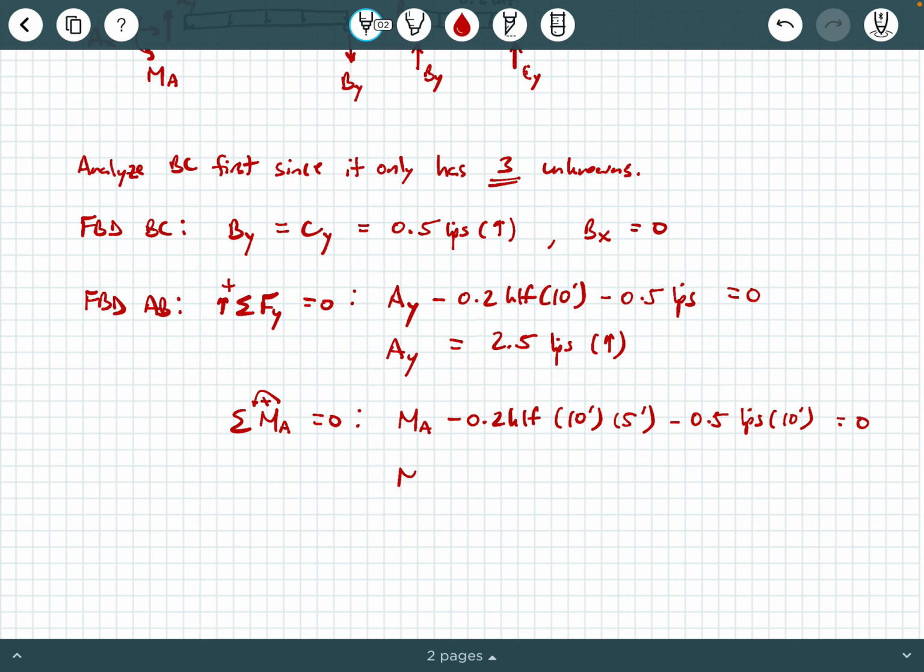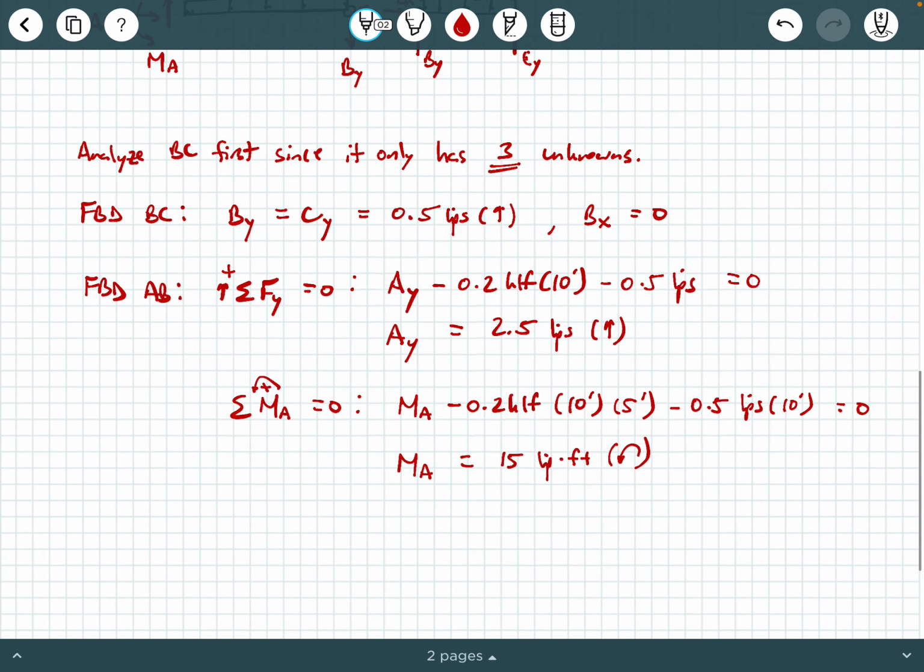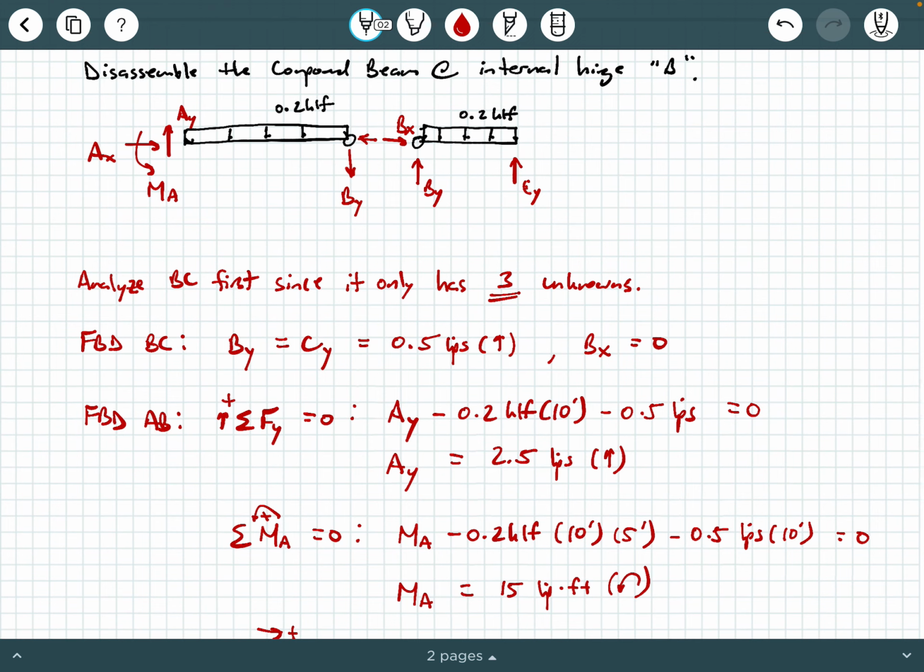And so I can get my reaction moment at A is equaling 15 kip feet reacting counterclockwise, okay? And then, of course, by observation, when you sum forces in the x direction equals 0, we get AX is 0. All right, and again, see my other video in my statics playlist where I go into a deeper discussion and show more work on how to calculate these values.